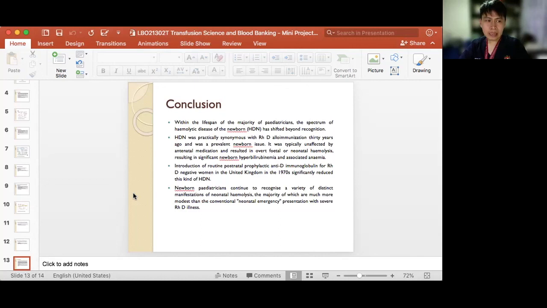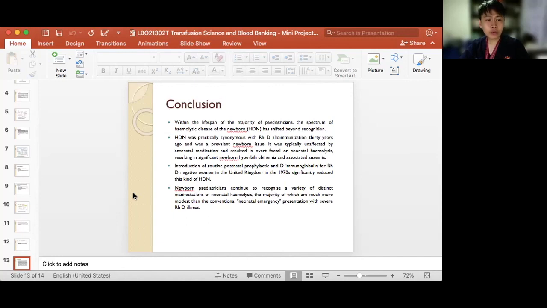It was typically unaffected by antenatal medication and resulted in overt fetal or neonatal hemolysis, resulting in significant newborn hyperbilirubinemia and associated anemia. At birth, affected infants were frequently ill and unstable, required repeated exchange transfusion, and experienced significant neonatal morbidity and mortality.